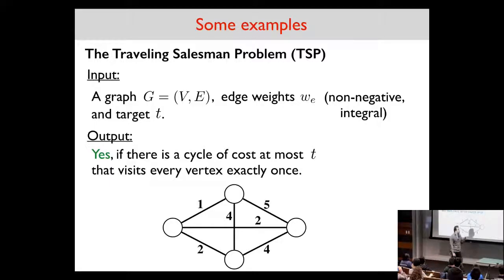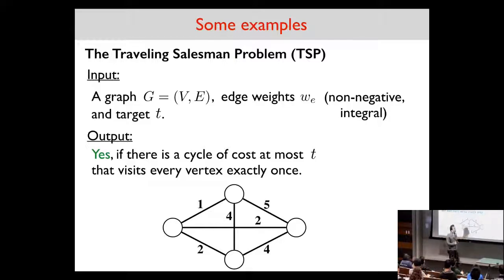And usually, actually, this graph will be given to you as a complete graph. Every edge will be present in the graph. And basically, if you don't want an edge to be present in your graph, what you can do is assign weight infinity to that edge. That means you really shouldn't be using that edge because it's going to affect the cost a lot.